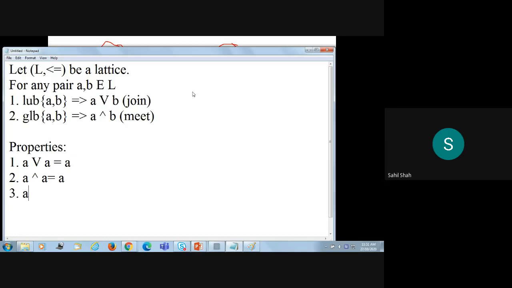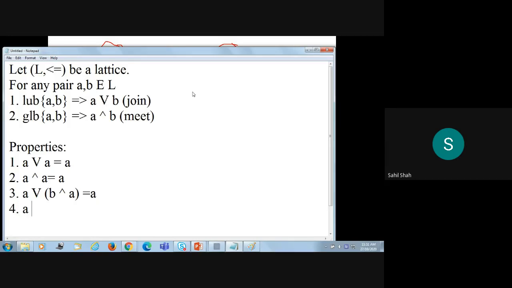Next, if you take A join B, what will be the result? A join B meet A, we will have A. This is the law of absorption.